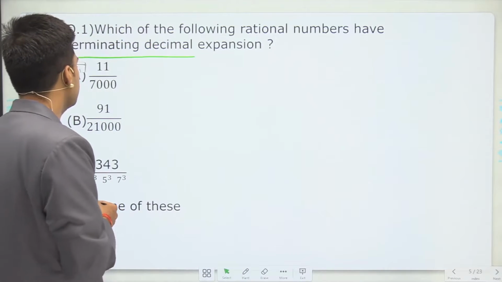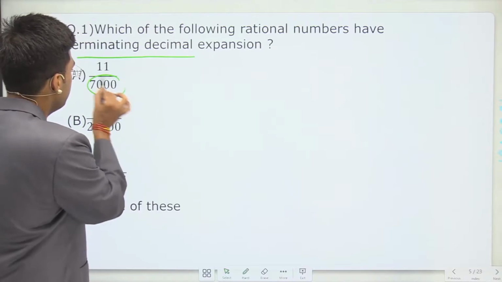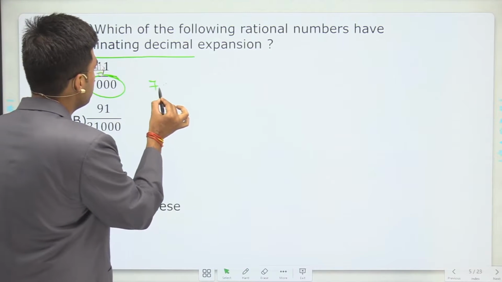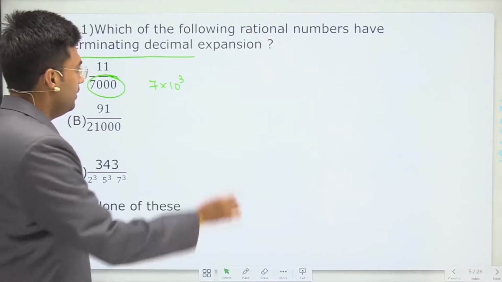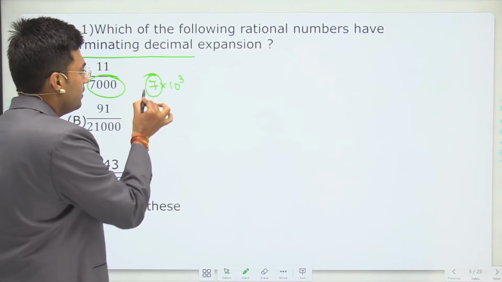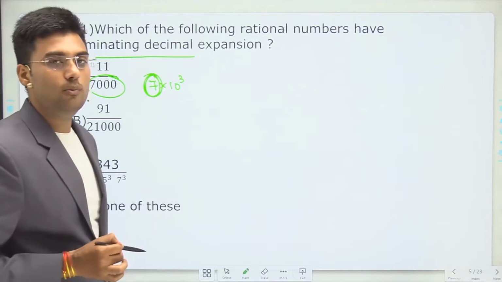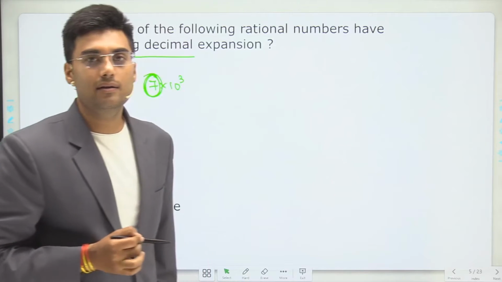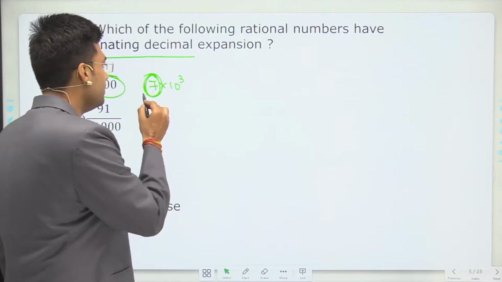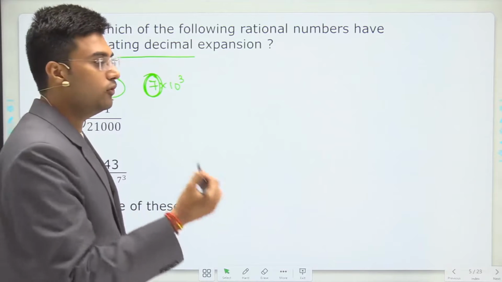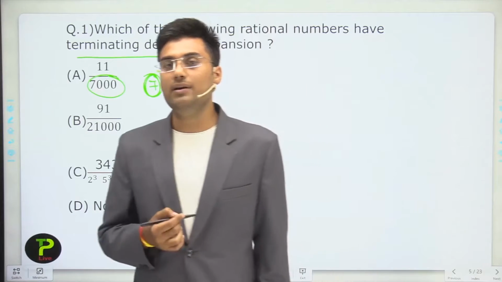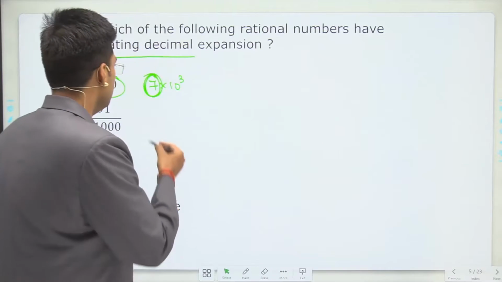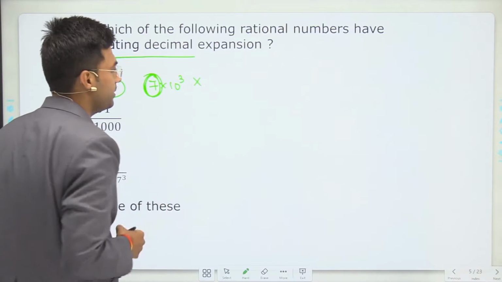So dear students, here we see that in the denominator we have 7 multiplied by 10 to the power 3. This 7 cannot be reduced in the form of 5 power m multiplied by 2 power n. So this is not terminating.